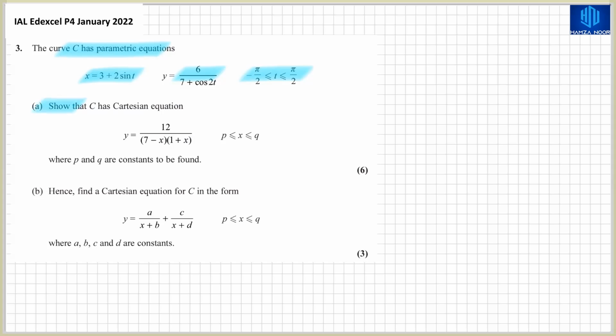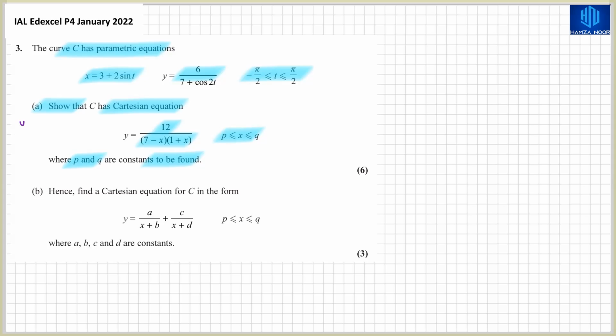So the requirement of part A is to show that C has Cartesian equation y is equal to 12 divided by 7 minus x times 1 plus x, where x is greater than or equal to p, less than or equal to q, where p and q are constants to be found. So in part A, we have basically two requirements.